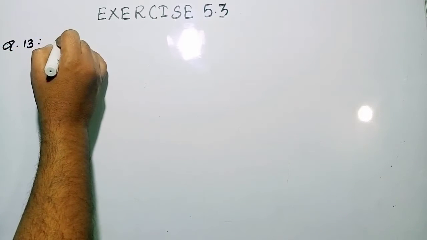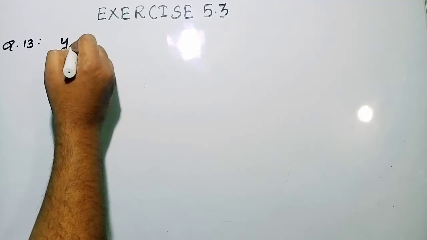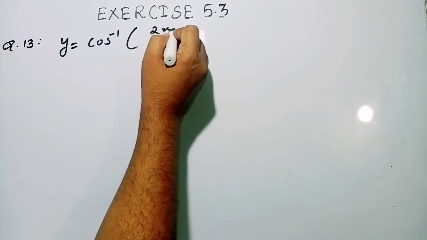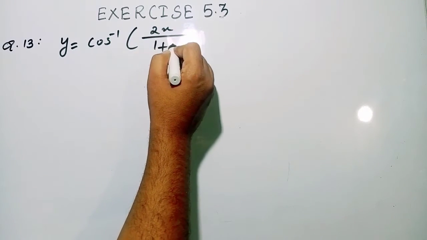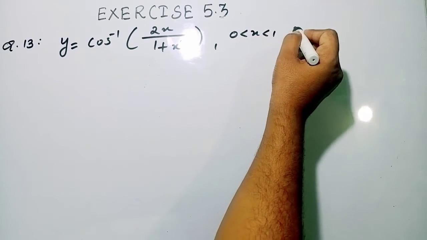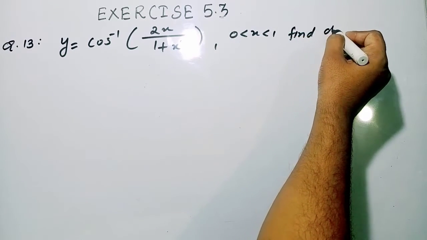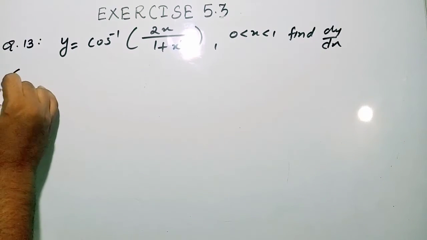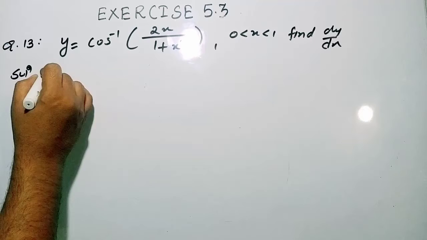The question is y is equal to cos inverse 2x upon 1 plus x square, where 0 less than x less than 1. We have to find out dy by dx. So let us see the solution.